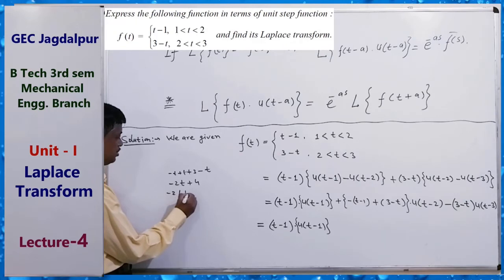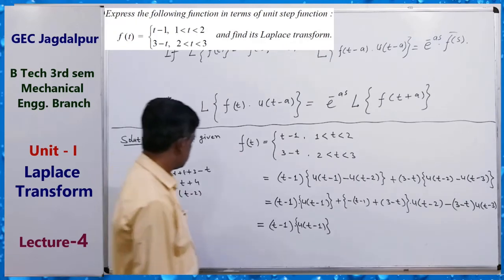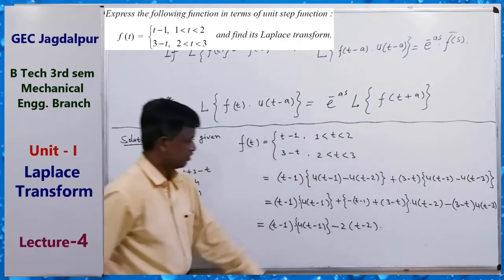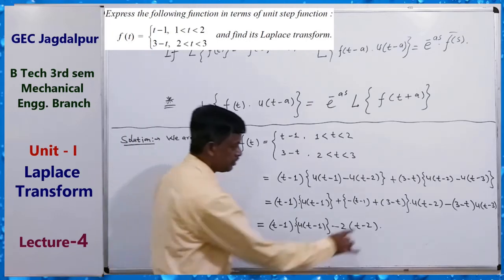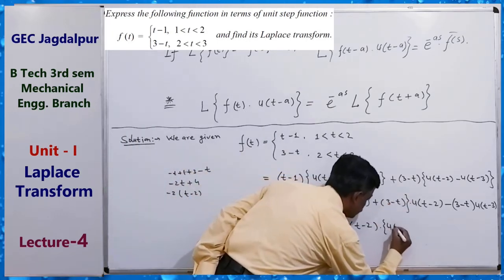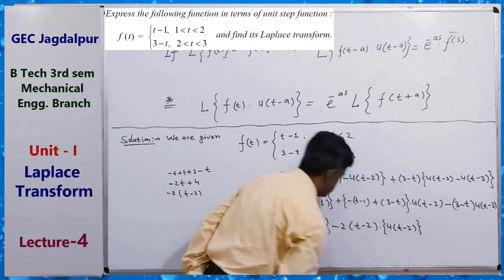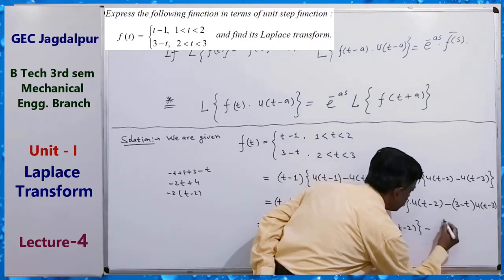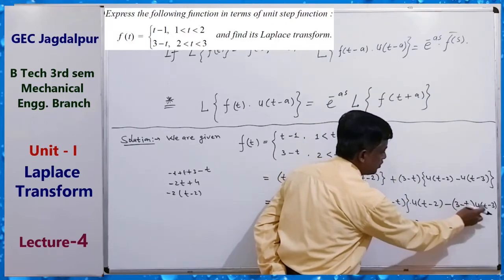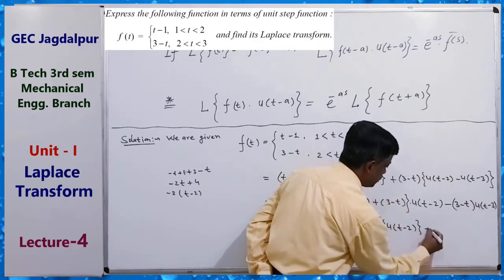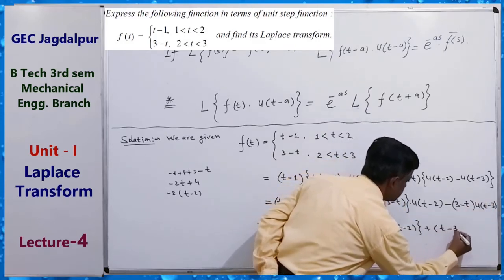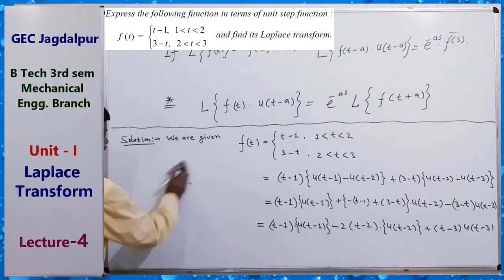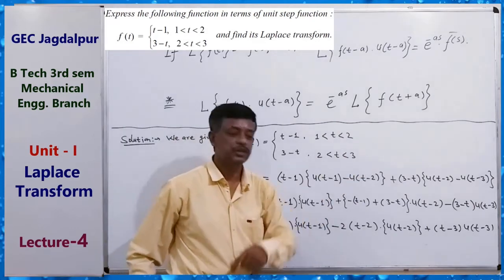So minus 2 common, (t minus 2) u(t minus 2). The second term is this, and for the third term, multiplying to make it t minus 3, we get plus (t minus 3) u(t minus 3). So this is our f(t) in terms of unit step function.